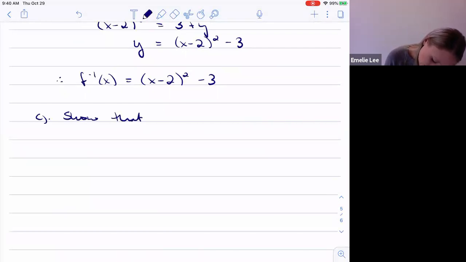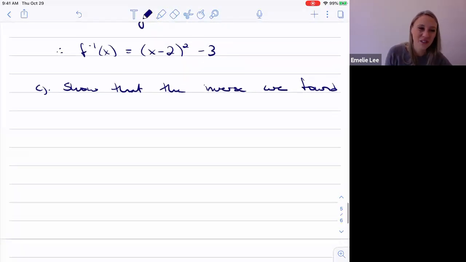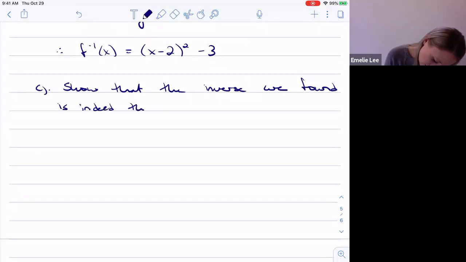So now, part C: show that the inverse we found is indeed the inverse. What does that mean?